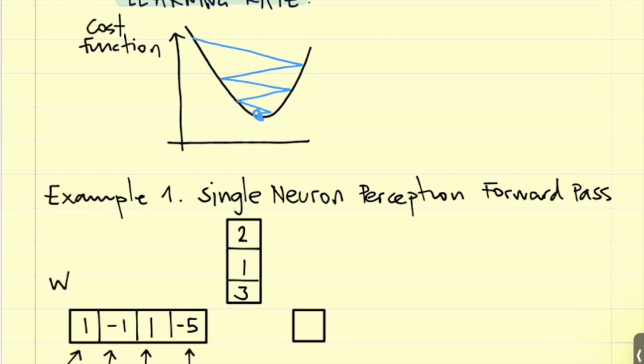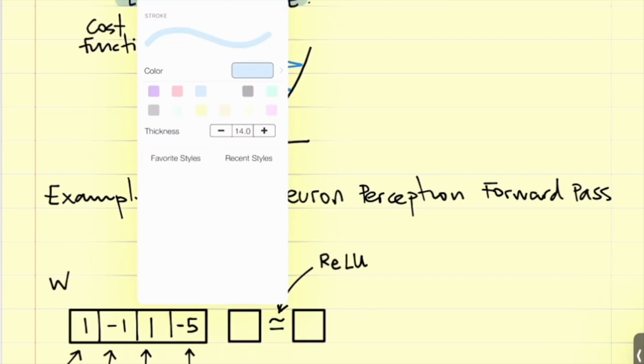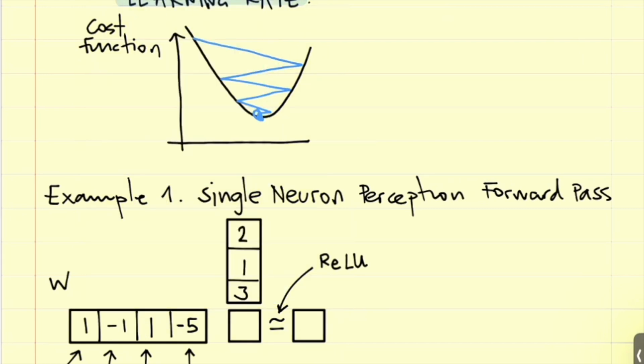How do you guys do it? So here I apply ReLU. How do we do it? You need to do the following. So this is the bias. I always like to shade out the bias.